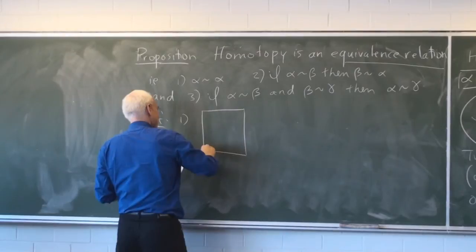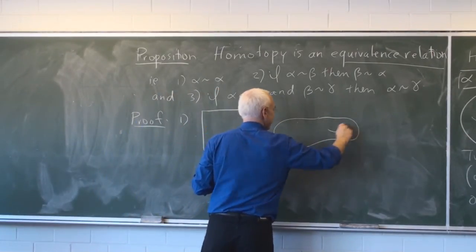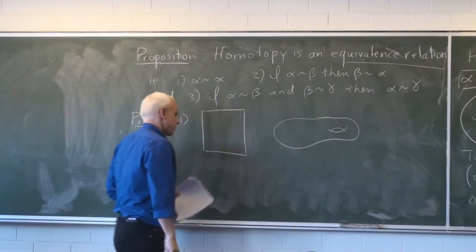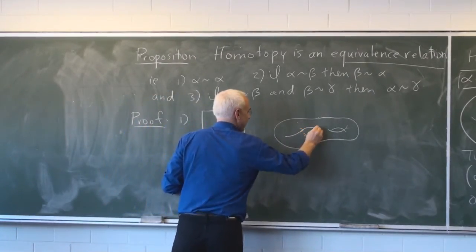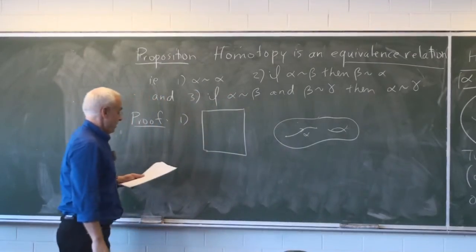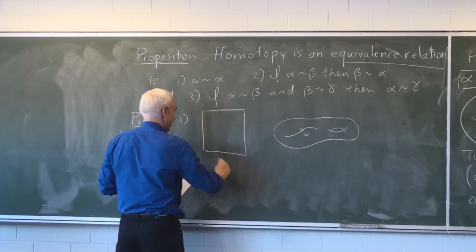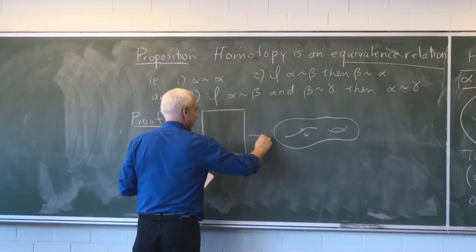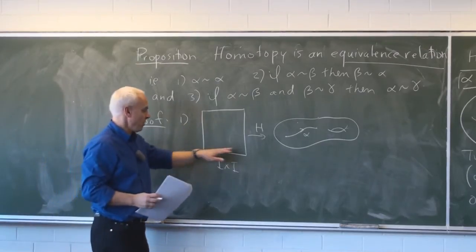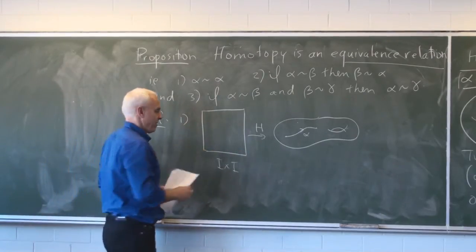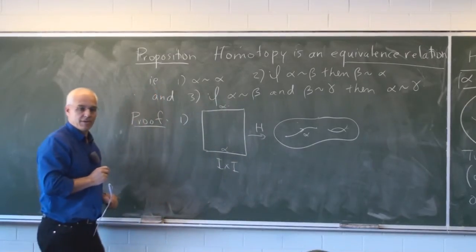So we need to put our surface here. We have a path alpha. So here is the interval I cross I. We have to define a continuous map H, which goes from the curve alpha down here to the curve alpha up there.